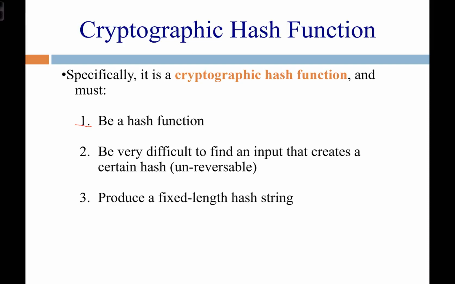So if somebody does steal your table of hashed passwords, it's useless. It's almost impossible to guess any password that would produce that hashed string. And it has to produce a fixed length hash string. So even if I type in my password as just one character, like A, it's still going to produce, say, a 64-digit hex string as the result.